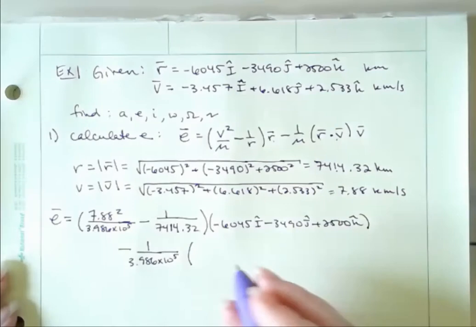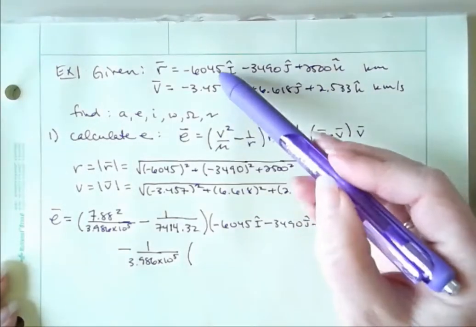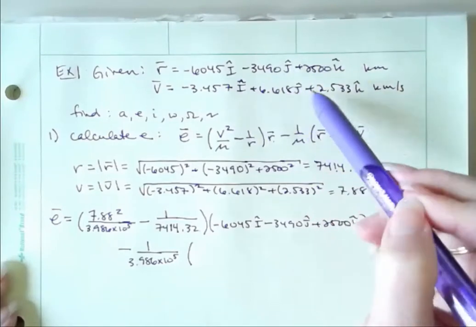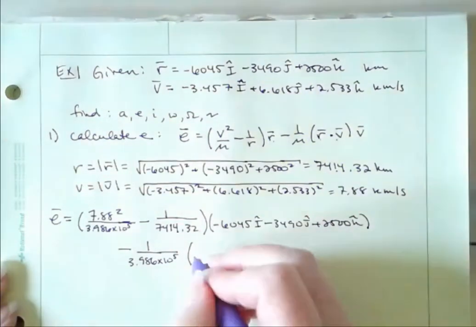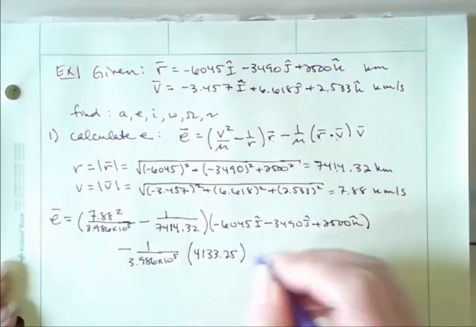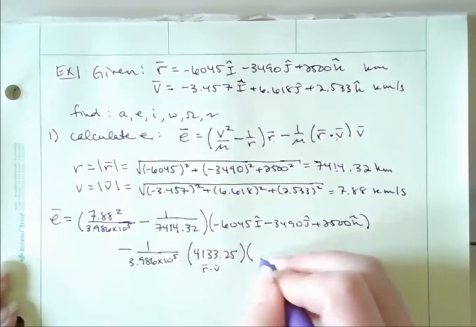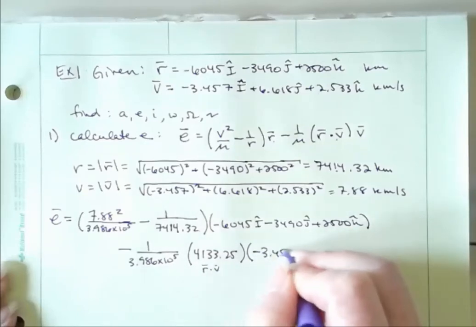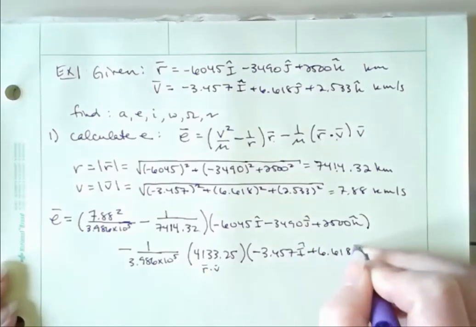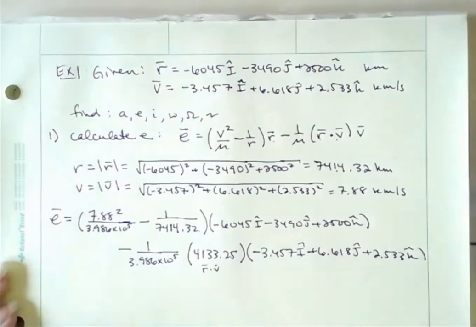Remember the dot product: this times this plus this times this plus this times this. Once you do the dot product, you get 4133.25. And then write out the velocity vector.